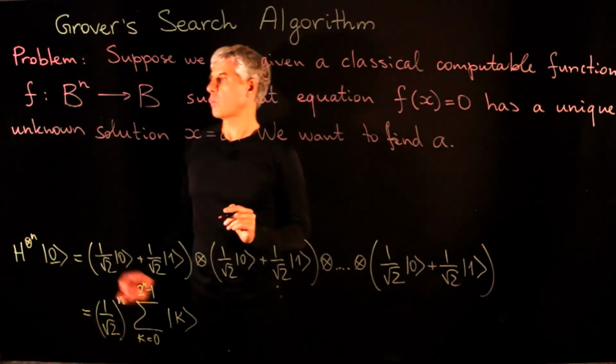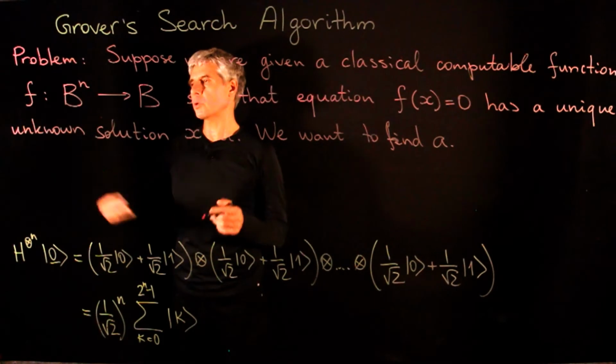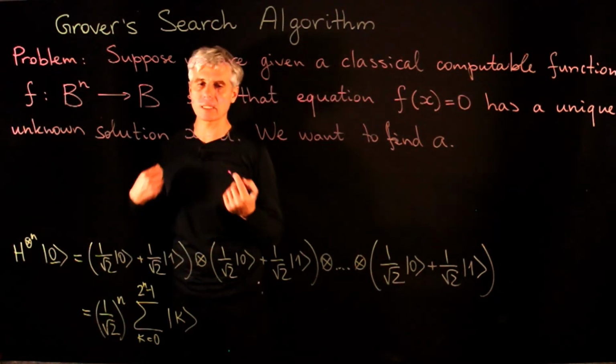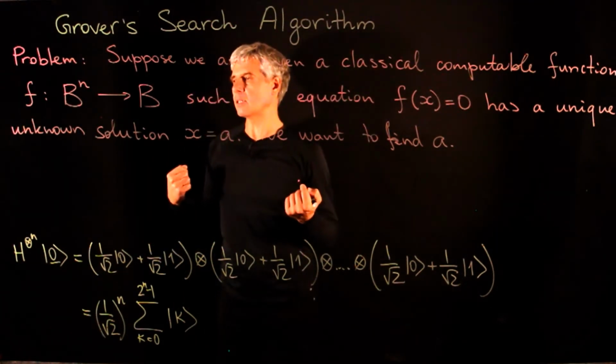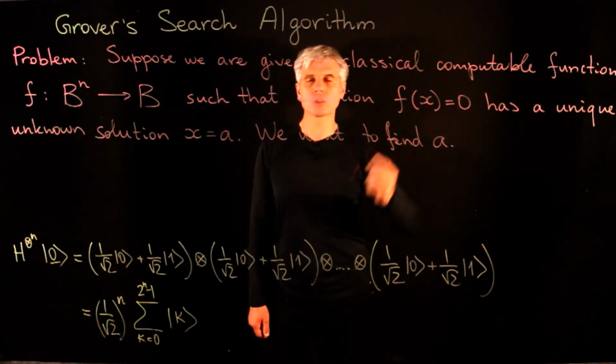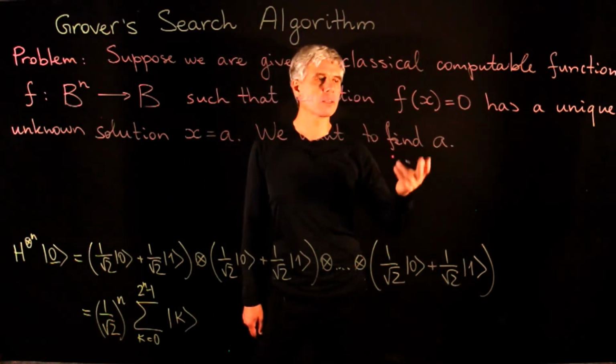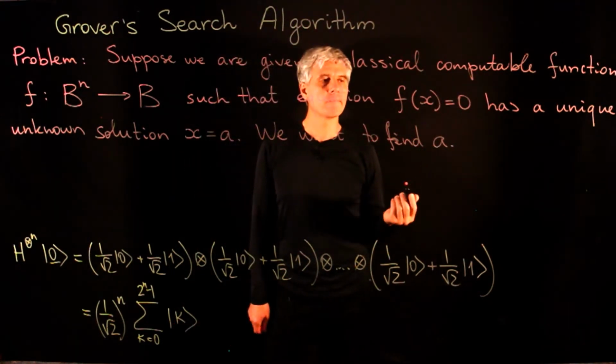There are many functions of this type which are sort of trapdoor functions. This means that it's easy to compute such a function, but it's difficult to find solutions to such an equation. Similar types of functions are used in hashing.